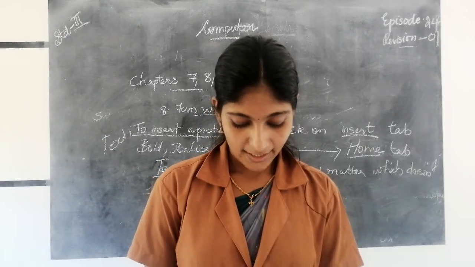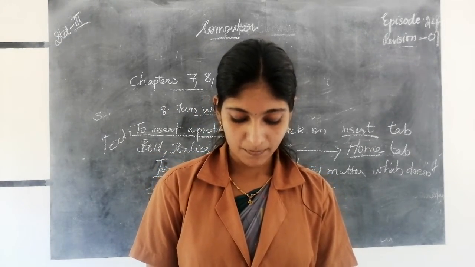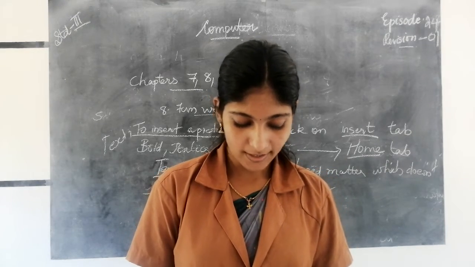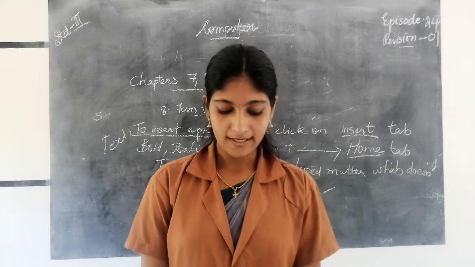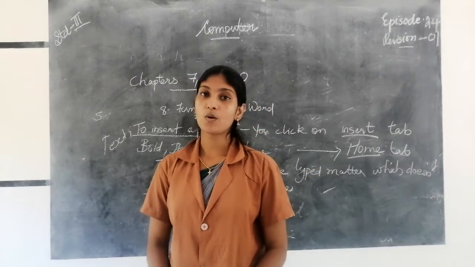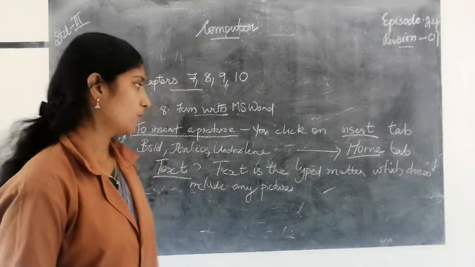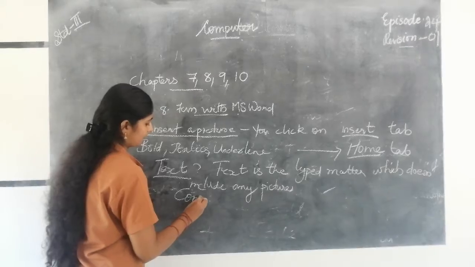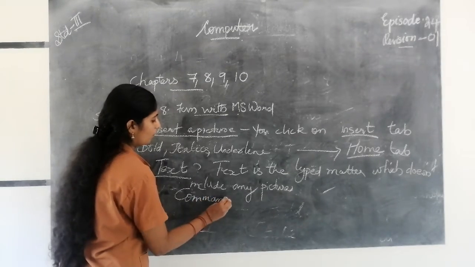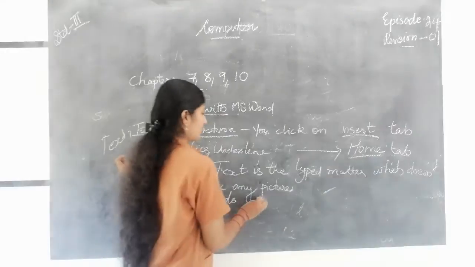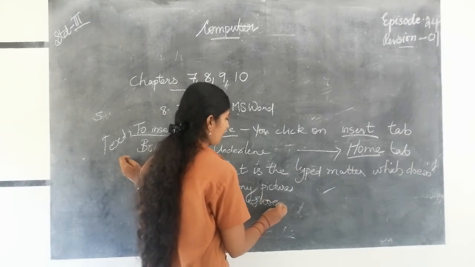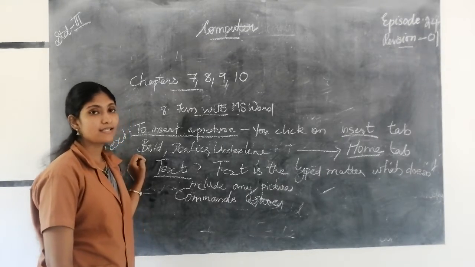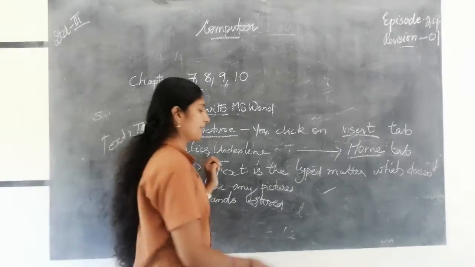Can you tell me some examples of a typing program? Yes, MS Word. So what type of program is MS Word? Typing program. Then what kind of commands are stored in the Office button? Open command, save command, print command.